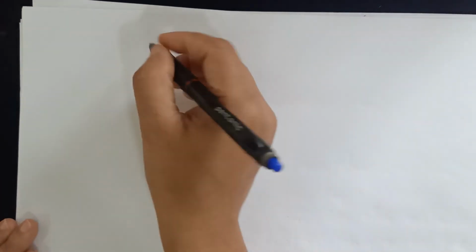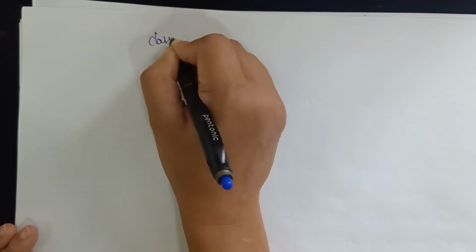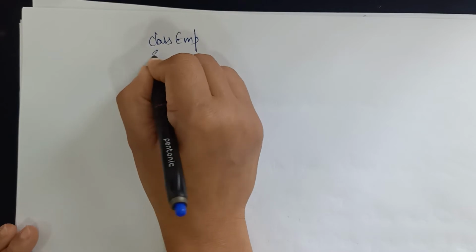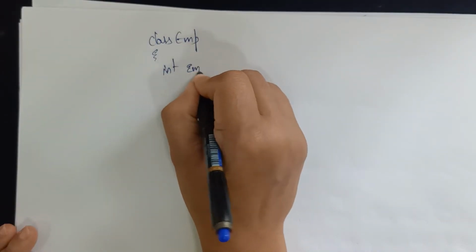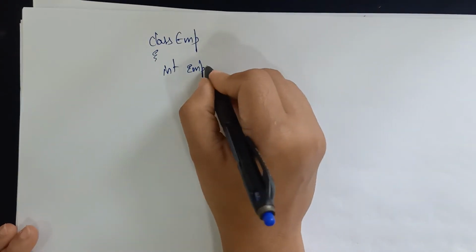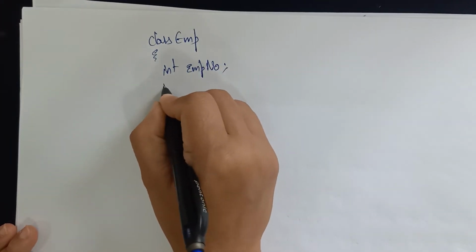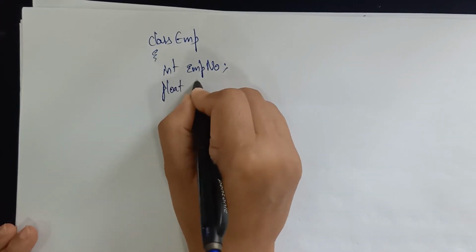So if the application requires more than one object, and I need to gather information for many employees, then use the constructor. How? See here. Class Employee. Here I am just declaring, not initializing. Int instance variables: int employeeNumber and float salary.